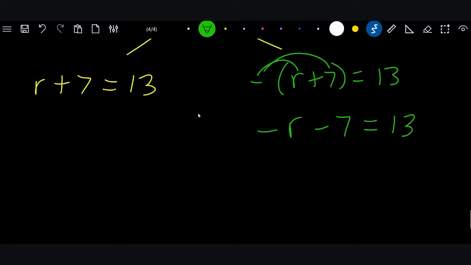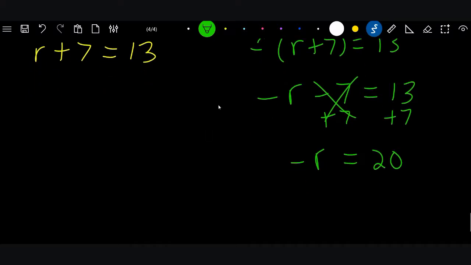Now we will go ahead and add 7 to both sides, following our steps that we learned in the last lesson. That's going to cancel and we're going to get negative r equals, then we'll add those together and that is 20. Now what we need to do here is that is not a good solution, because we don't want negative r equals. We want positive r equals. Now what's in front of every one of those?